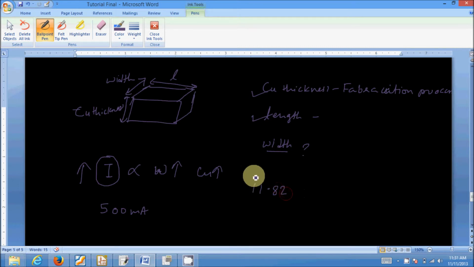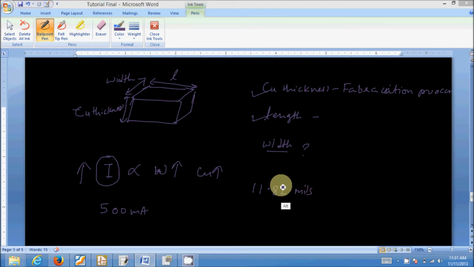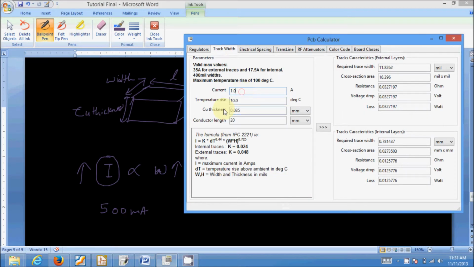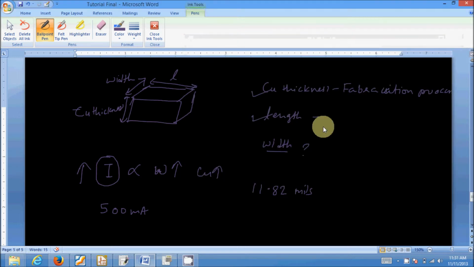It means if the track has to sustain a current of about 1 ampere, the minimum track width required for all the above parameters is 11.82 mils. And now for our design, it's about 500 milliamperes or 0.5 amperes. So let's see that as well. It comes down drastically to about 4.5 mils.